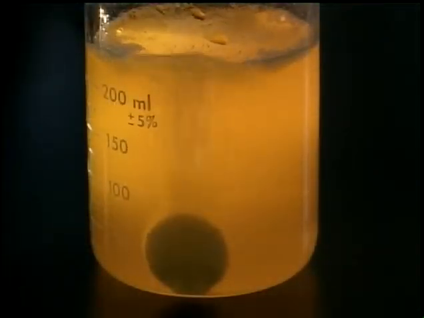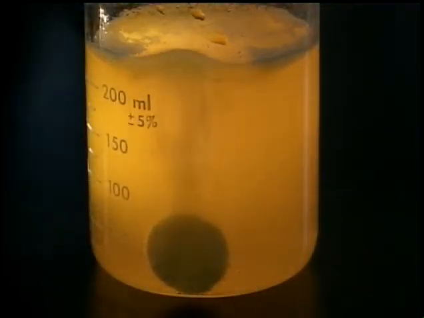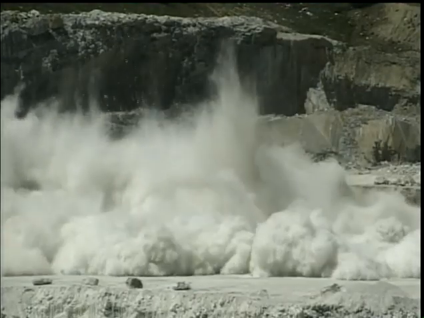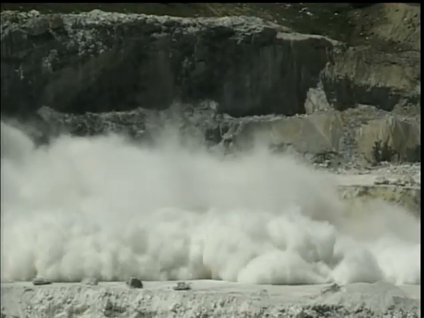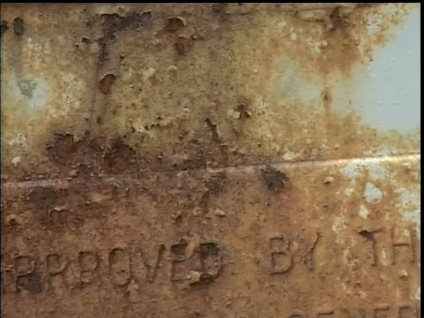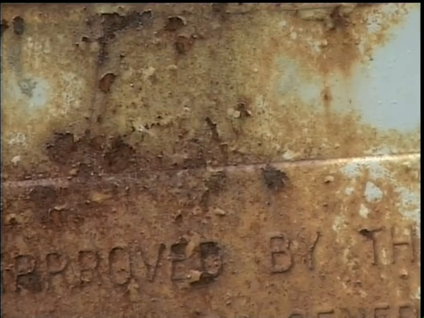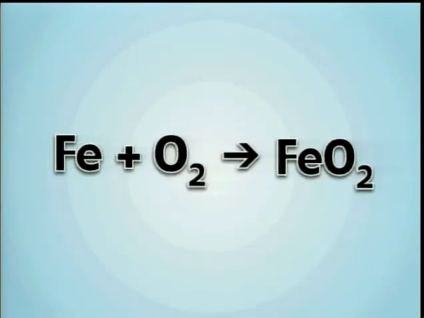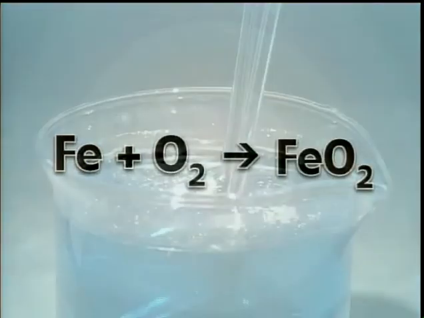We discussed some of the different types of chemical reactions, including decomposition reactions, in which a complex substance is broken down into two or more simpler substances. We also discussed the opposite of a decomposition reaction, known as a synthesis reaction. In this reaction, two or more simpler substances combine to form a new complex substance.